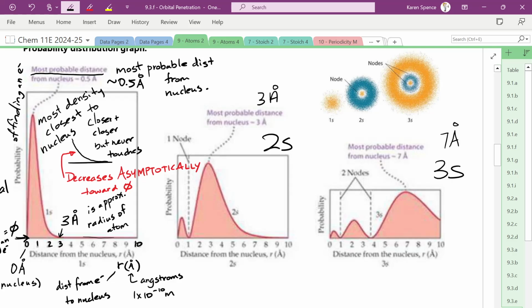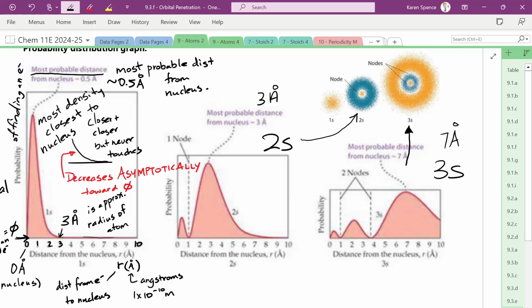Do you guys see the nodes? Are you able to relate this graph to that diagram? Are we able to relate the 2s graph to that diagram? Because we've got that node, we've got 2 blobs essentially in one node.